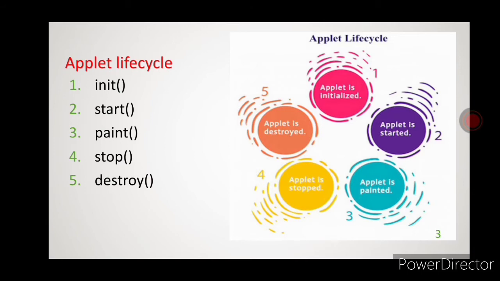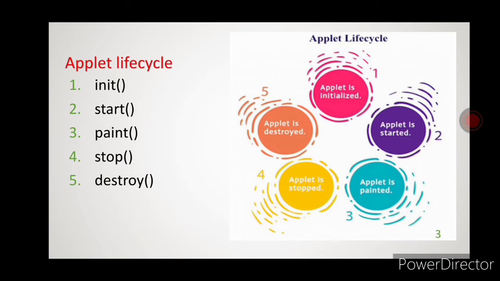Next step is applet stopping. For this, the stop method is called. When the stop method is called, it will suspend or stop all the threads that are executing for an applet. At this moment, the running applet stops its execution.